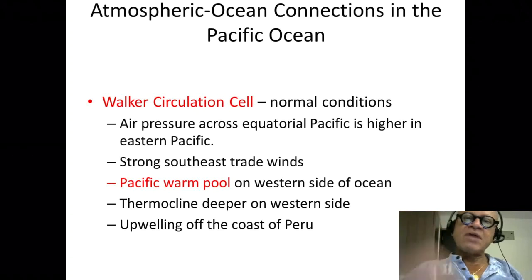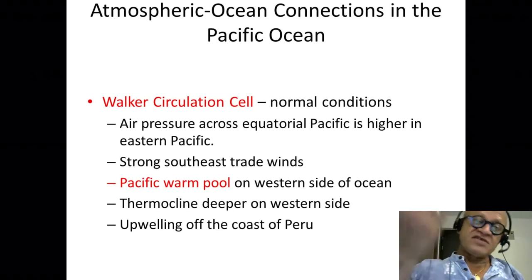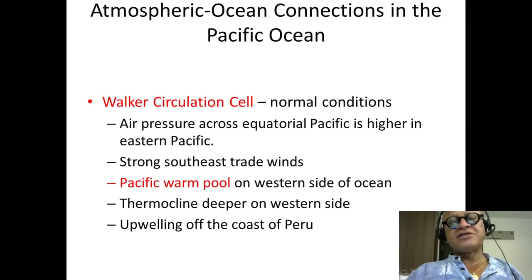Hadley was way back from the 1700s, and the discovery of the Hadley cell itself has a long story. Its physics is quite complicated and so on. But Walker cell, again, not so simple, but simpler.